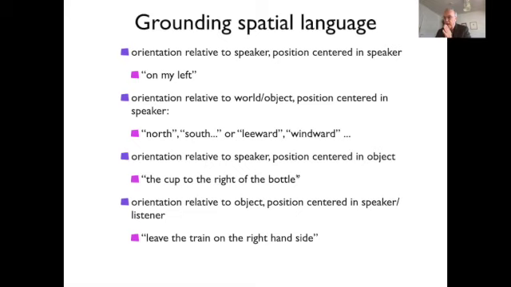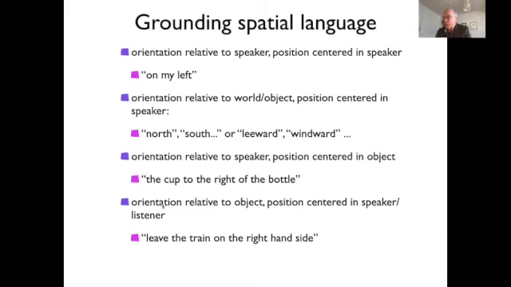So I'm establishing an axis from me to the bottle, and then to the right of that is the cup. So it's centered in the bottle in terms of position, but it's centered in my axis of orientation relative to the bottle. So if, as an observer, you have a different relationship to the bottle, then the right might be your left if you're opposite. So that's an interesting mix of these two values.